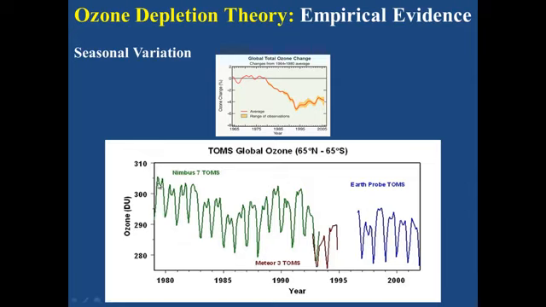From about 1980 or so, there's a decline through the mid-1990s, and then it becomes sort of constant or unchanging from there on out. But the other thing you notice is that there's a consistent cycle. An increase and then a decrease, an increase, then a decrease, an increase, and then a decrease. And what we'll see is that this low, the minimum amount of ozone, consistently occurs in the springtime.